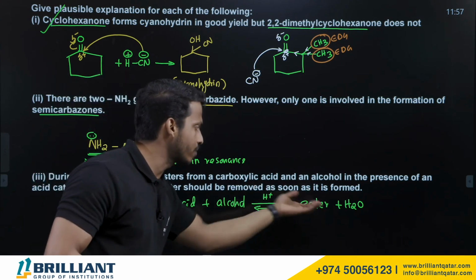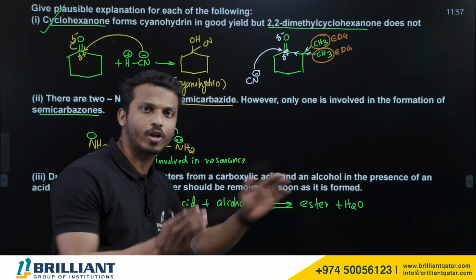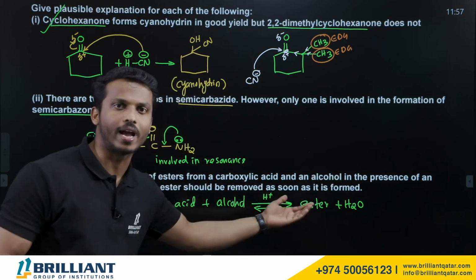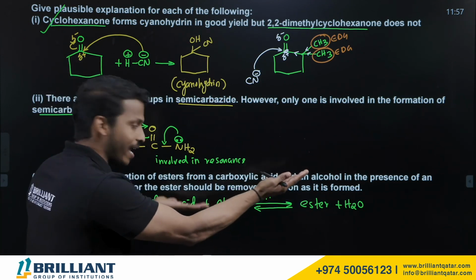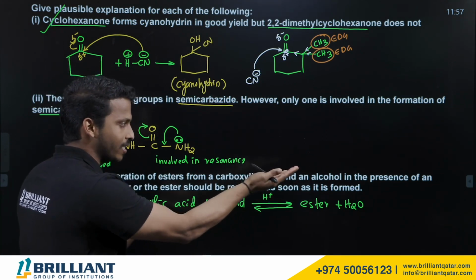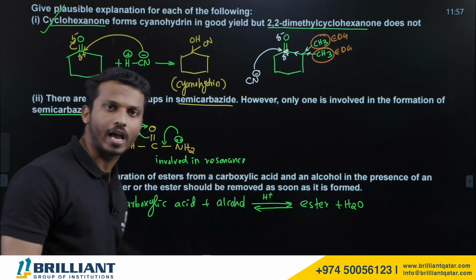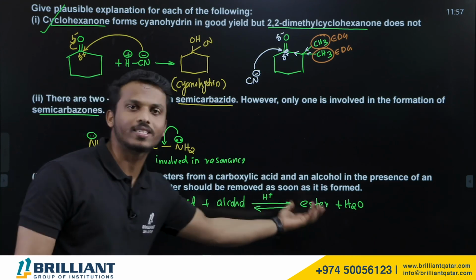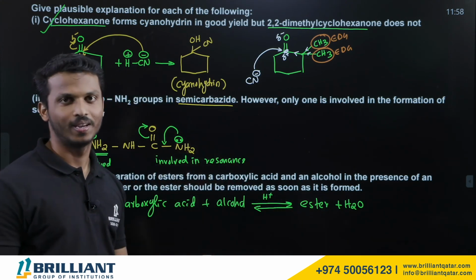If more products form, meaning ester or water forms more in the system, in order to compensate the equilibrium, the reaction shifts backward. Yes or no? If products are greater, reactants are lesser. In order to balance them, the backward reaction will happen. If the backward reaction happens, what is the situation? Your ester concentration will decrease, meaning the productivity decreases.